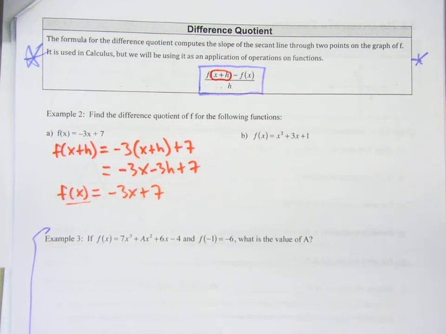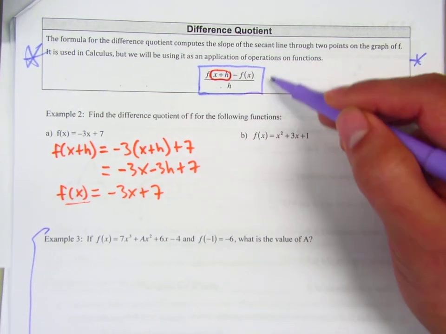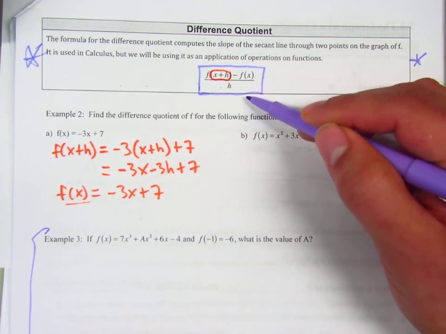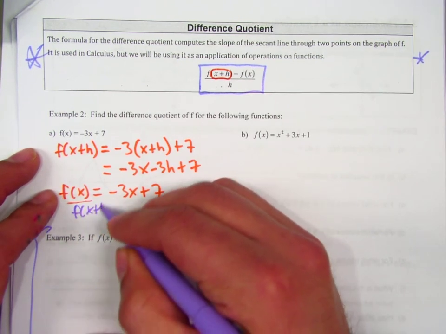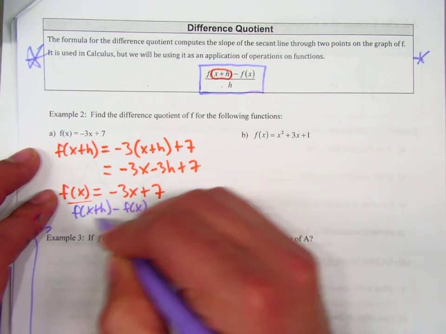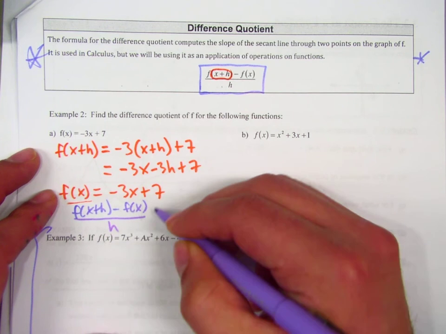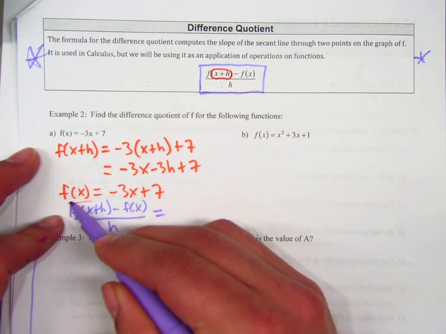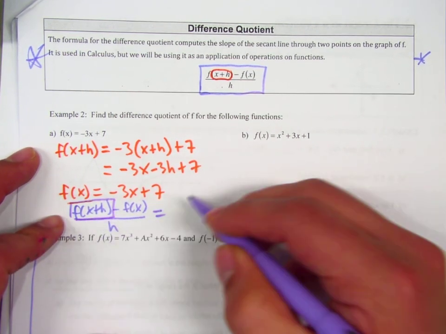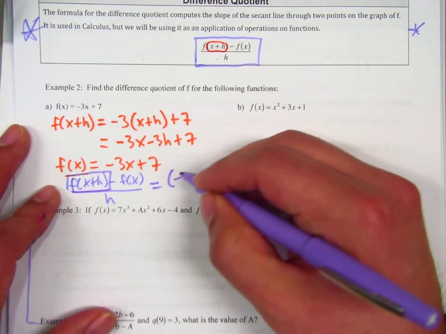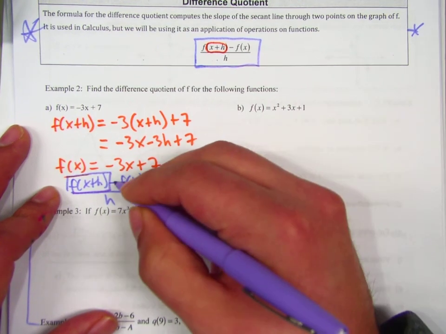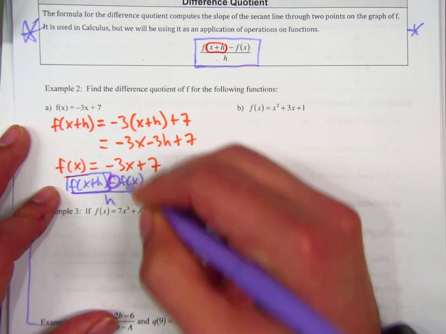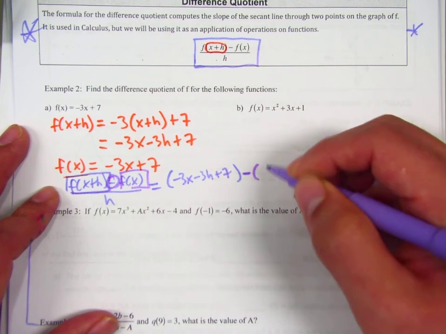Okay. My next step is going to be to just write out what this is going to look like now. So f of x plus h minus f of x, and again, I'm writing a little more than you need to, but just for this one problem. I'm just going to do this and put it in parentheses. So that's going to be -3x minus 3h plus 7 minus, and then I'll do the second part and put that in parentheses.